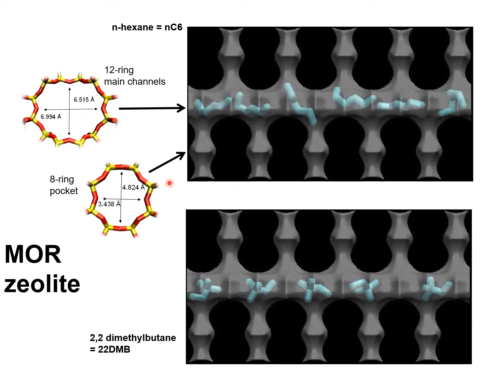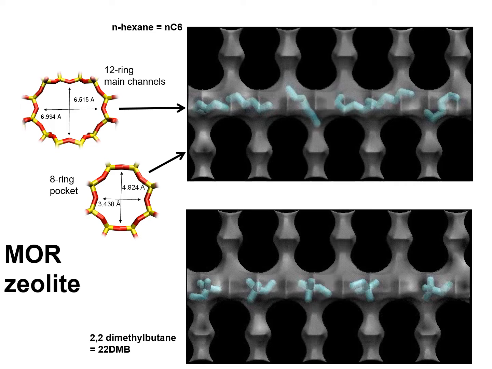When we talk about exploiting the differences in the molecular footprints of the hexane isomers in order to achieve separations, we need to realize that there are several conformations of each of these hexane isomers, and we have a distribution of footprints. In order to demonstrate that, let's have a look at the animations for normal hexane.